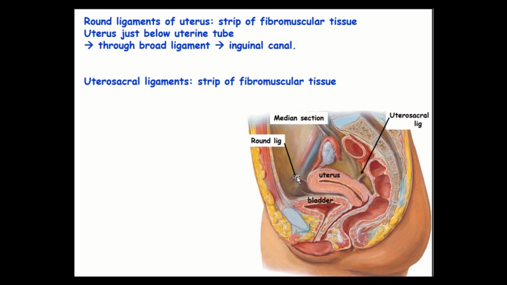The round ligament of the uterus then passes through the broad ligament, which was the double fold of peritoneum, and then eventually it passes through the deep inguinal ring to enter into the inguinal canal. Then it exits the inguinal canal via the superficial inguinal ring and terminates by inserting into the labium majus down below over here. This anchorage basically helps to pull the uterus forward and keep it in its anteflexed, anteverted position.